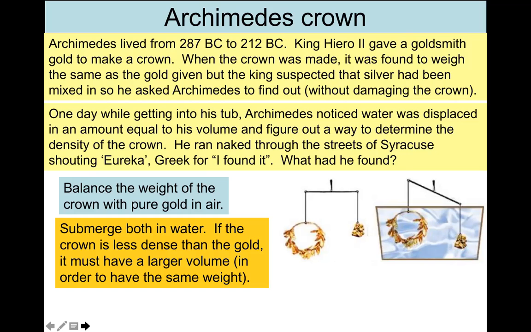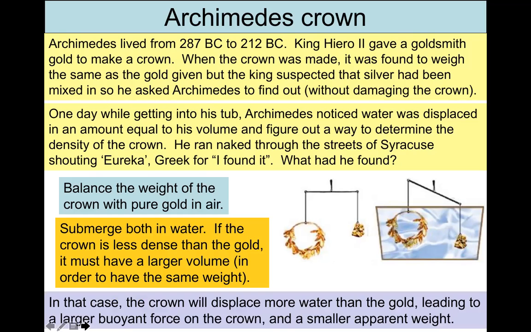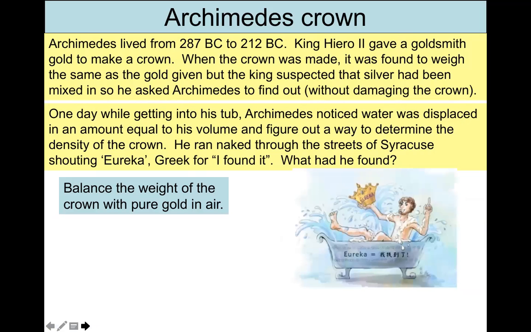So the gold will feel a smaller F_B, the buoyant force, and the gold will go down a little bit more, and the scale is no longer balanced. So they did this testing and it turned out indeed the crown does have a smaller density, so it's no longer pure gold. So he figured out the solution, and he also came up with Archimedes' principle, the one that we just learned.